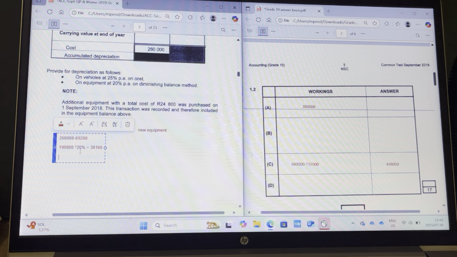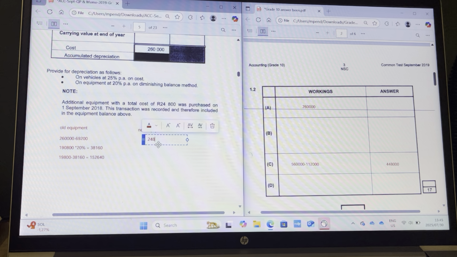Means our depreciation is 38,160 and our closing carrying amount is going to be 190,800 less 38,160. This is excluding the new equipment. That'll give us 152,640.